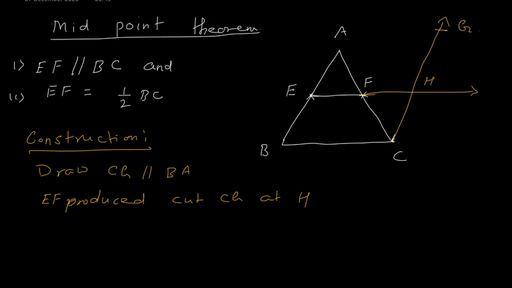It is given that AE and BE are equal, and AF and CF are equal, because E and F are the midpoints. And we have constructed CG parallel to BA. What I have to prove is that EF is parallel to BC and EF is half of BC.